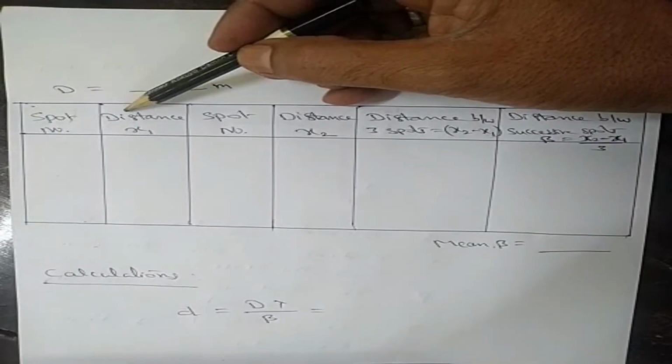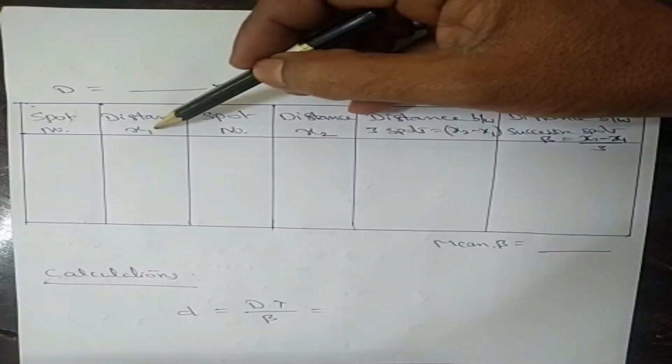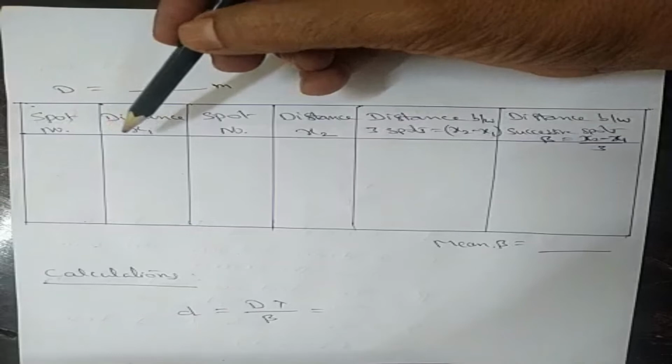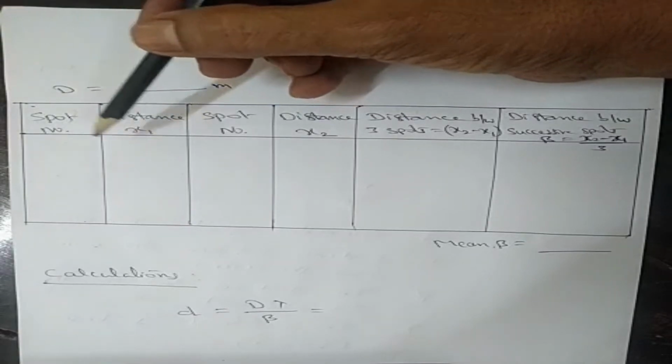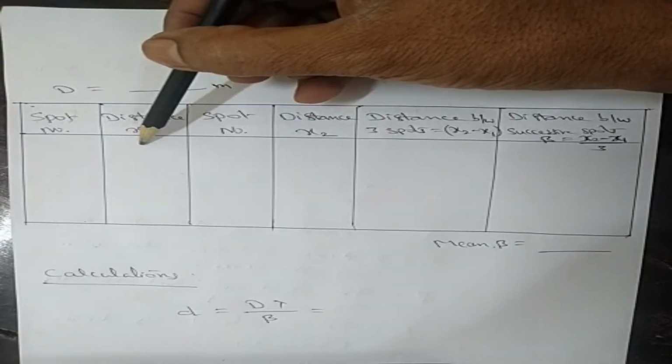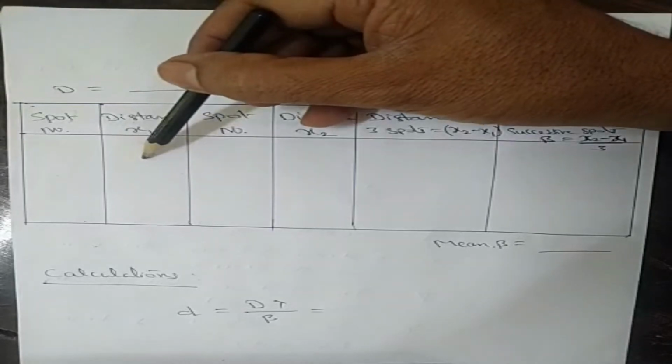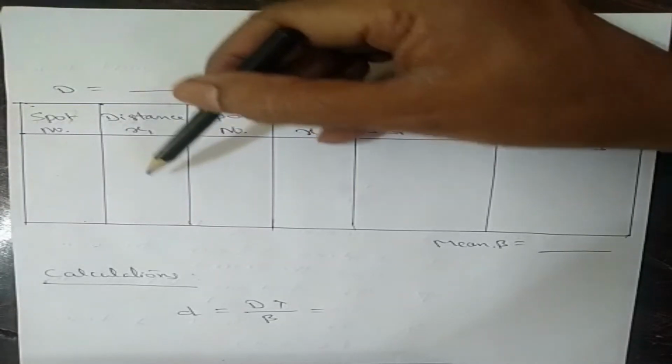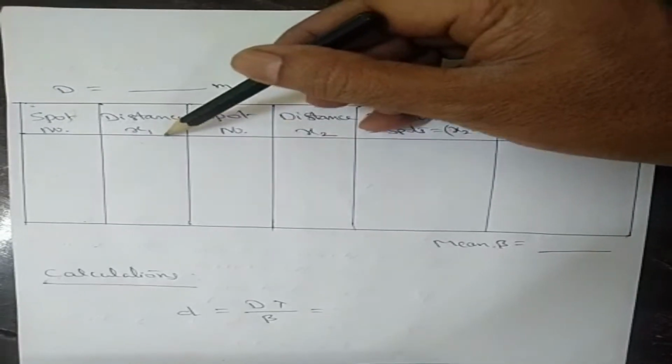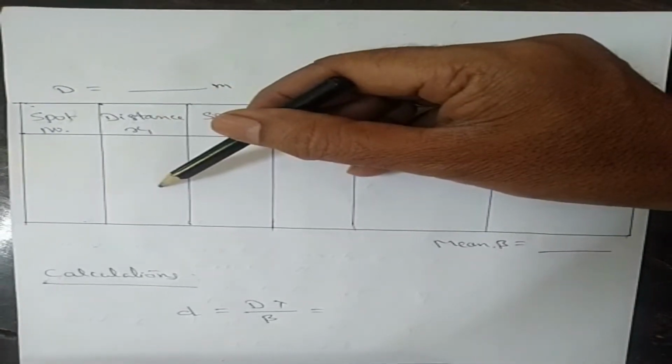Then the second line, distance x1, is where we measure the distance of the first spot from the central spot, then the distance of the second spot from the central spot, and the third spot from the central spot. Like that you measure the distances of the spots on one side.